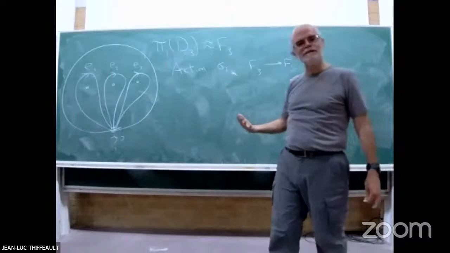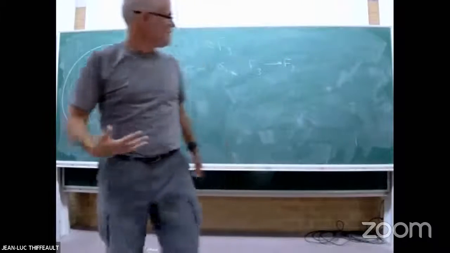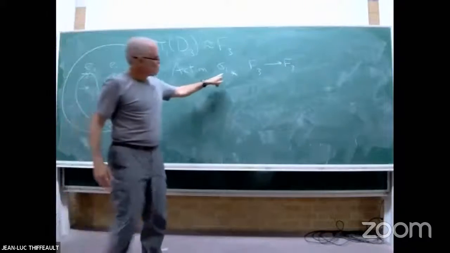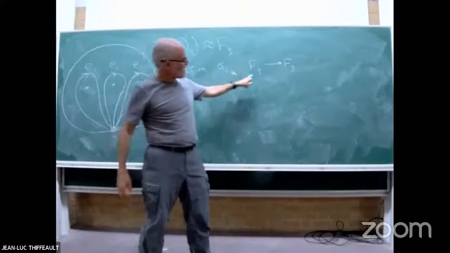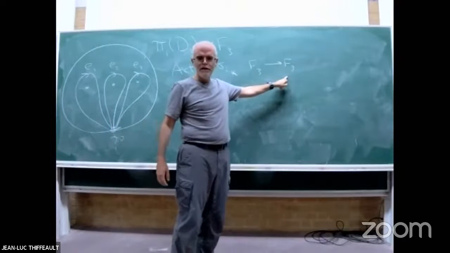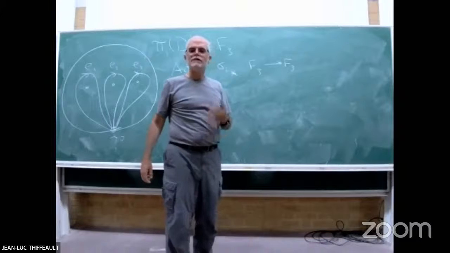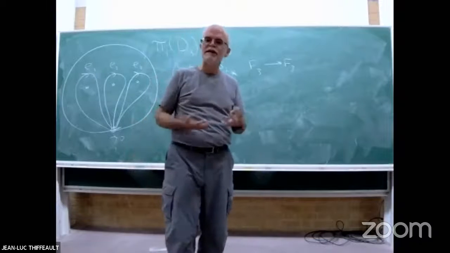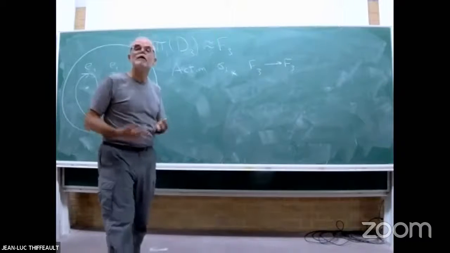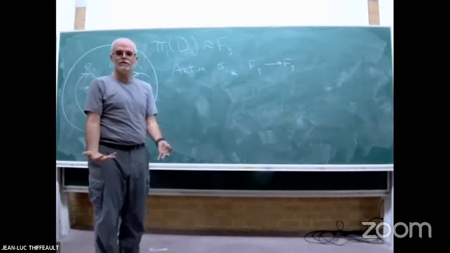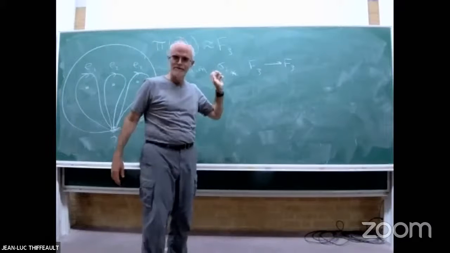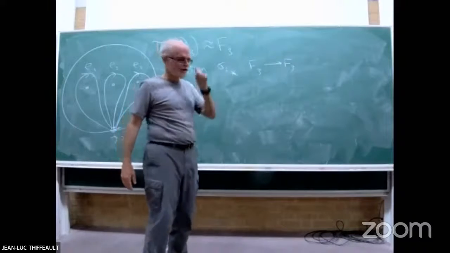Okay, so an action is a mapping where each generator of the group induces a map from F3 to F3, but in a way that it respects the group operations and the presentations and everything. So in fact, it is a representation of the group, right, in terms of maps from F3 to F3.